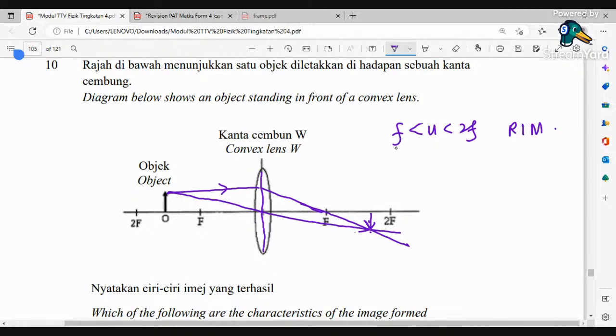Terbalik lukisan saya ni, lari. Mungkin tak sama dia punya scale tu, jadi dia dapat di sini. Okay, should be bigger. Should be bigger. Okay, let's try to draw again. Sebab scale dia tak sama maybe. Okay. Sini. Pass through F. Pass through center.